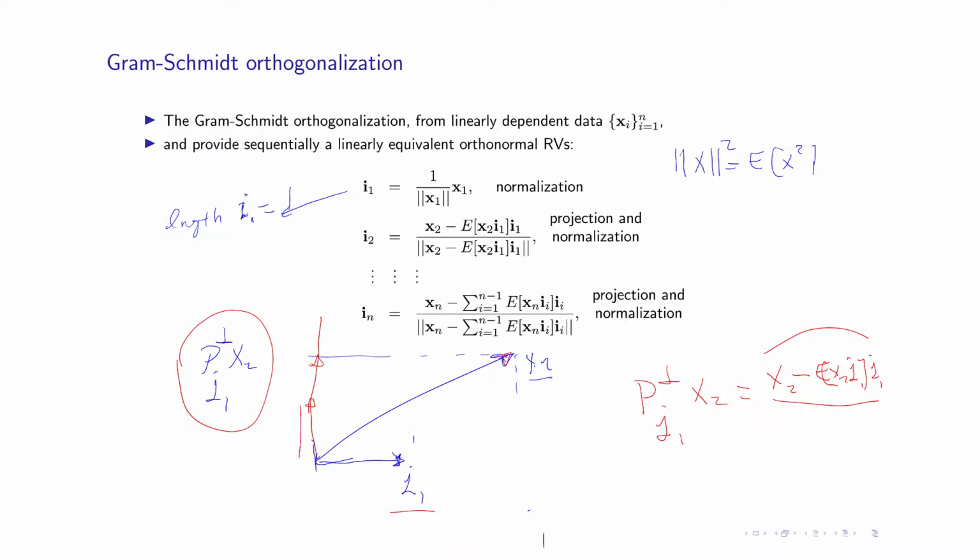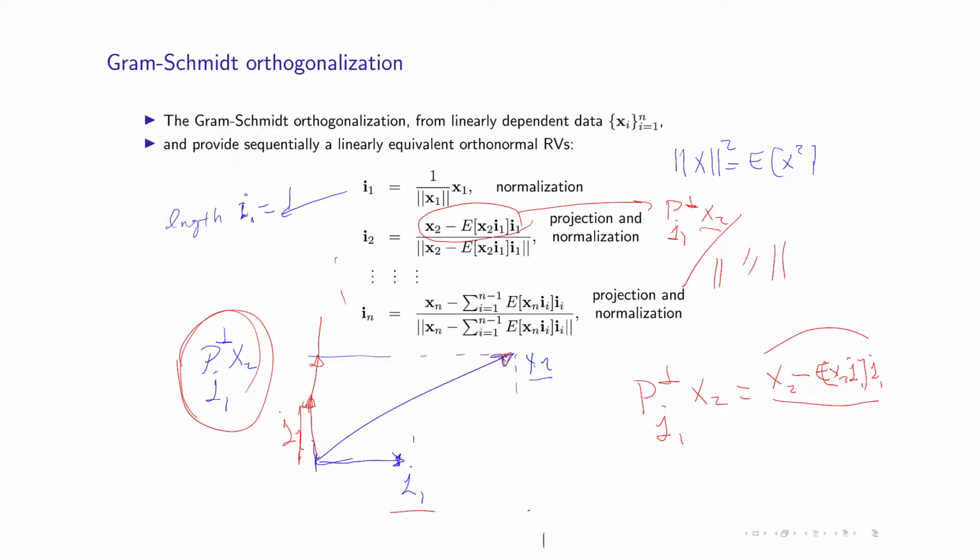I want this length to be 1. So whatever this vector is, I divide it by its length. So this is the orthogonal projection of x2 over I1, and I divide it by its length to find a unitary vector I2. And then I can continue.